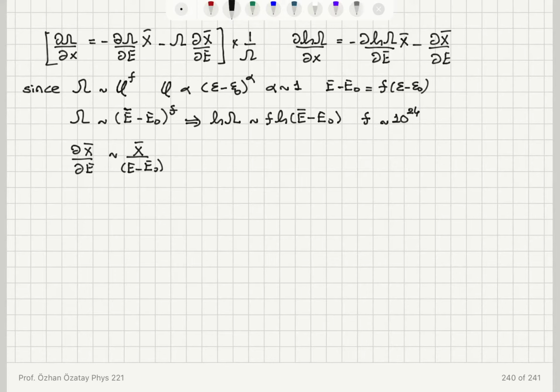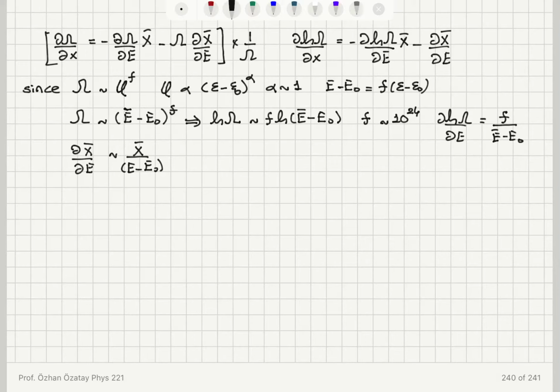And this is going to be much smaller. Why? Because if you take the derivative of the natural logarithm of omega with respect to energy, you will see that this is f divided by E bar minus E0.